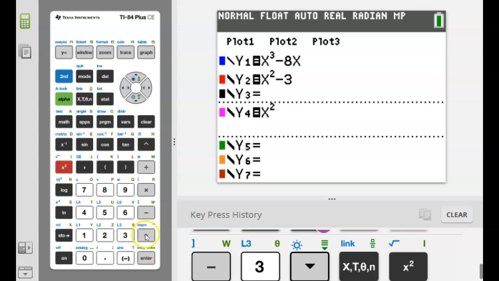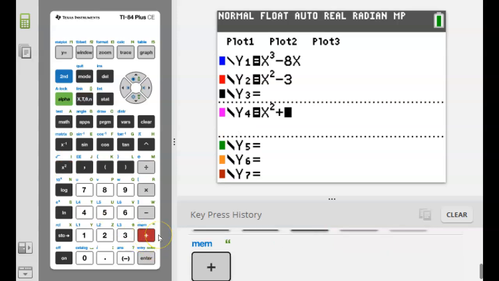And now I'm going to put parentheses around this. I'm going to have a negative number. And this is really important. You cannot have the minus sign in place of a negative sign on this calculator. They are not interchangeable, which is very frustrating to me because a lot of times people are like, I keep getting this error and I don't know why.